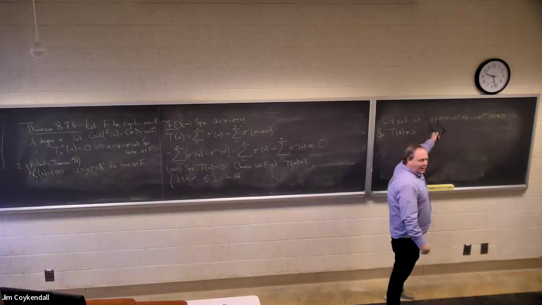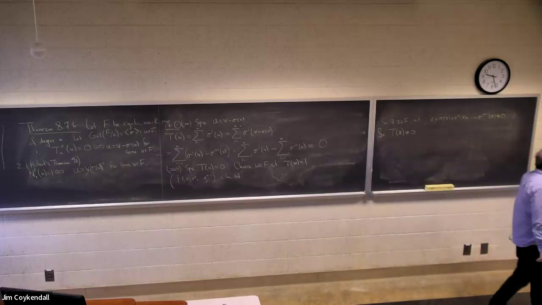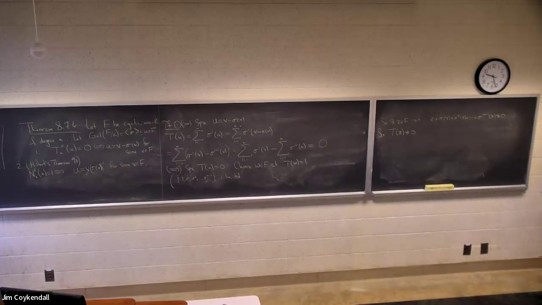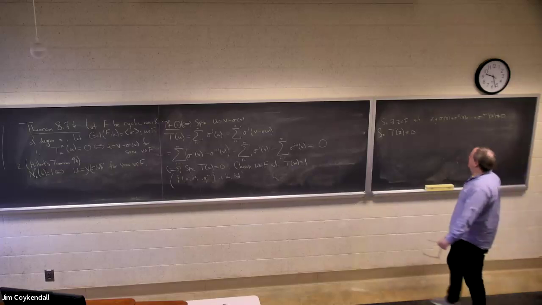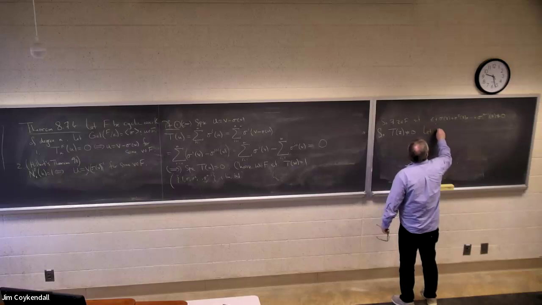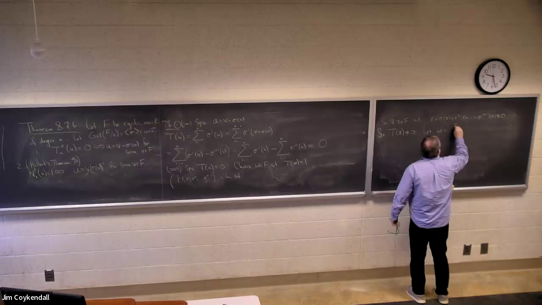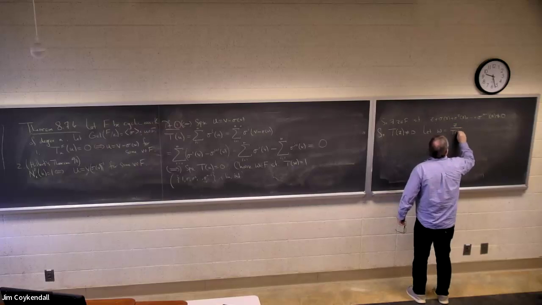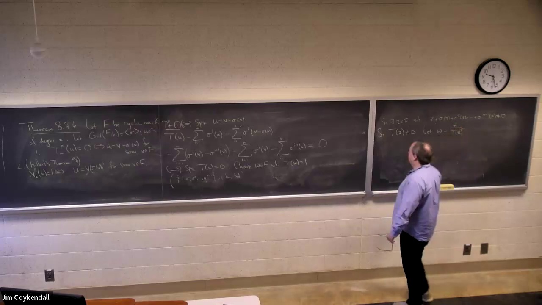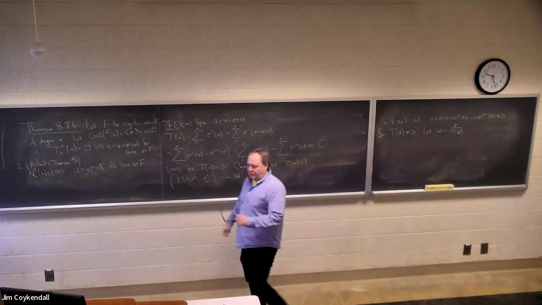So in particular, what this inequality means is that for this particular element z in F, the trace of z is not 0. So let w equal z divided by the trace of z.